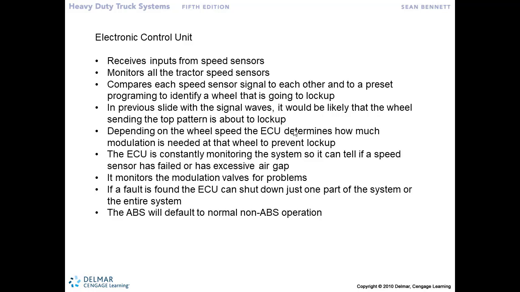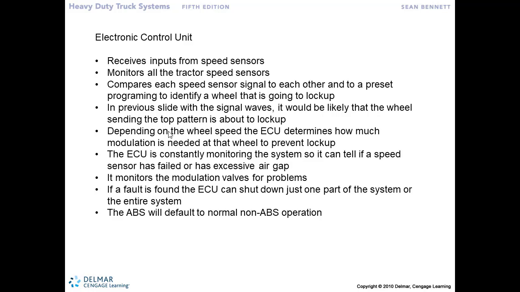A couple of different things it can do: it can send signals to the modulator, and it may just decide to hold, add no more pressure to that brake chamber and see if that helps it speed back up. If it doesn't, then it can bleed off the air pressure in that wheel so that we are no longer applying the brakes on just that passenger side steer tire, to get it back up to speed.